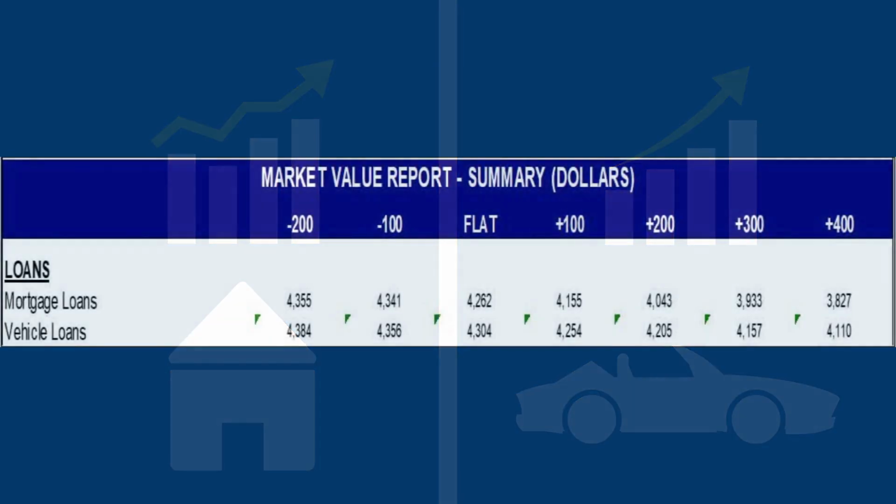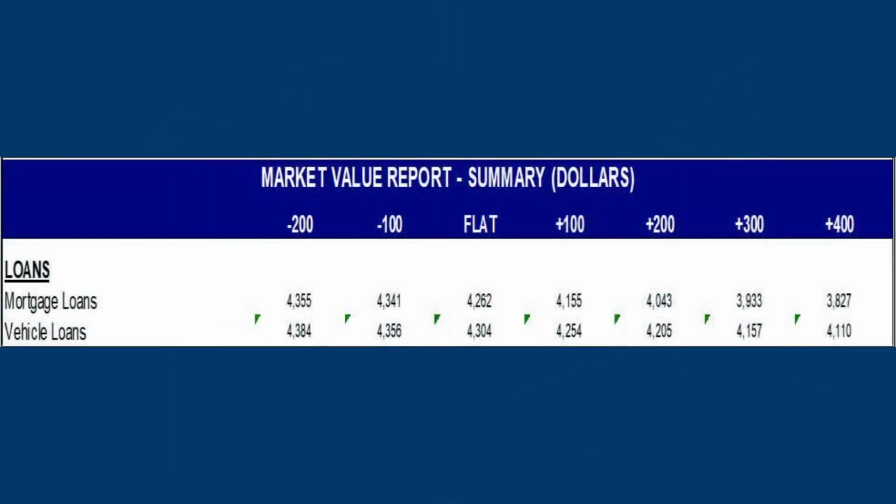In this example, the credit union has a similar balance in both their mortgage and auto loan portfolios. Starting with the flat environment, they would see a decline in the market value of both portfolios if interest rates were to rise. However, the mortgage portfolio would see a decline of 7.72% in the plus 300 environment, while the auto loans would only see a 3.42% decline.